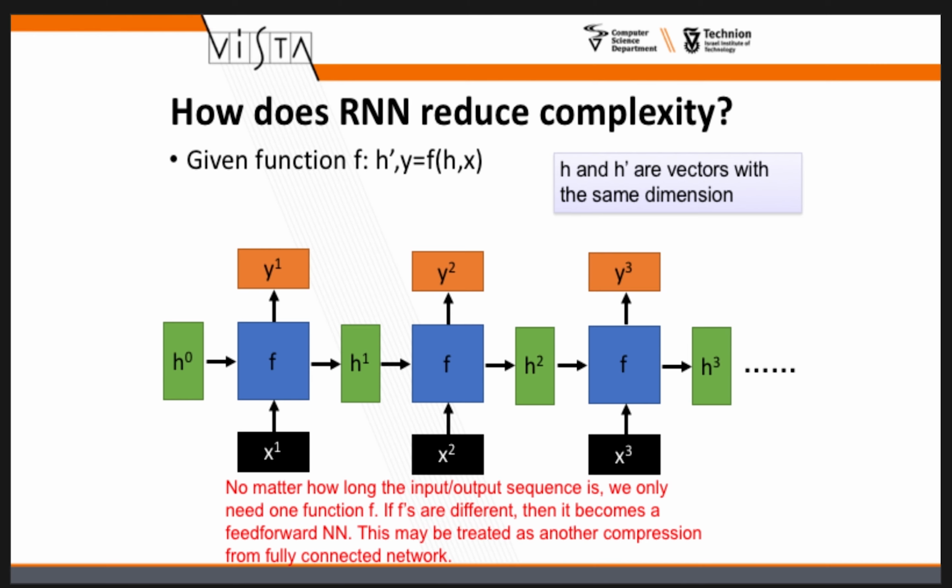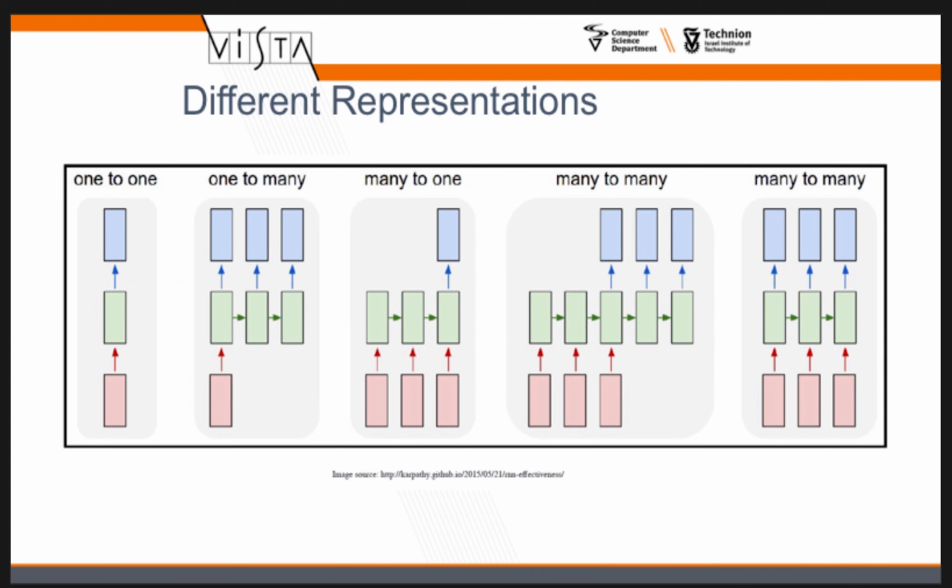So the difference between RNNs and feed-forward neural networks is that f here is fixed, and there f is not fixed, or depends on the number of inputs. Questions on the difference between RNNs and feed-forward neural networks? No questions? Okay.